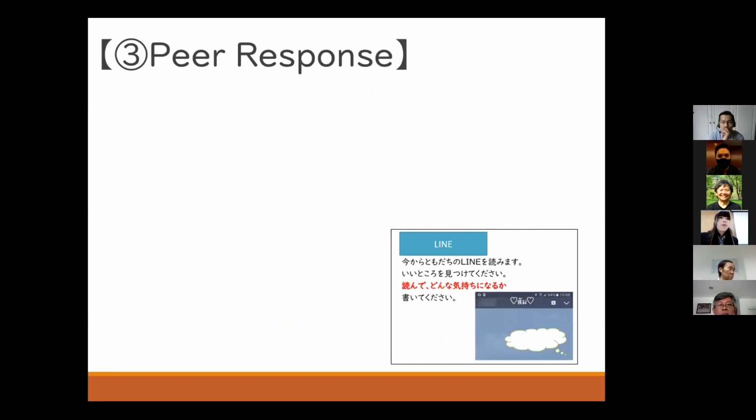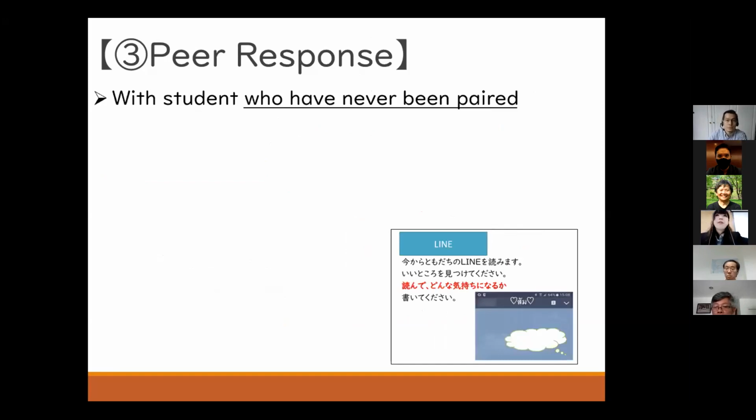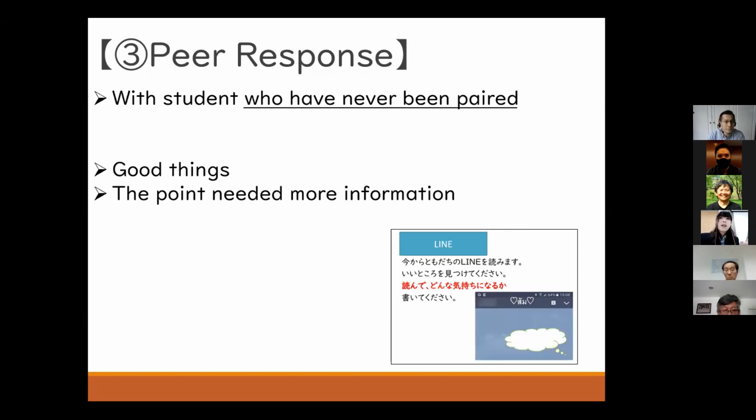And finally, I introduced peer response. A student reads another student's essay and talks with that student, but not with a friend, with students who have never been paired before. They talk about which point is a good point, and which point needs more information, more explanation, like that.